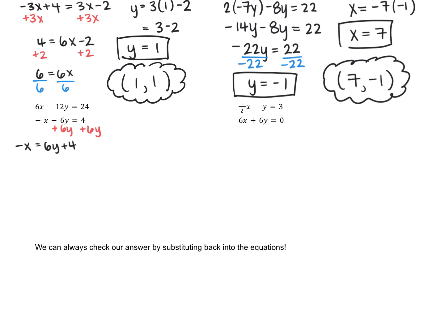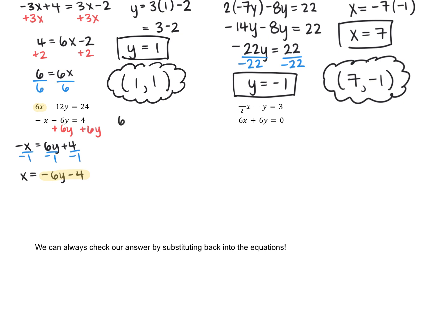And then I have to get rid of that negative 1 by dividing everything. So we end up with x equals negative 6y minus 4. So we're now going to take that expression and plug it in for x in my first equation.